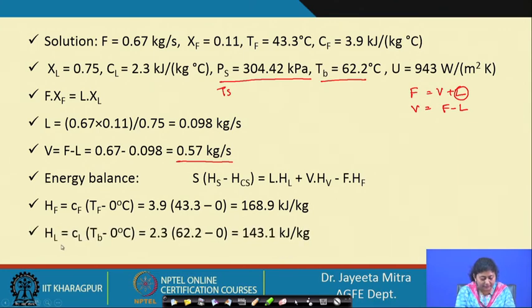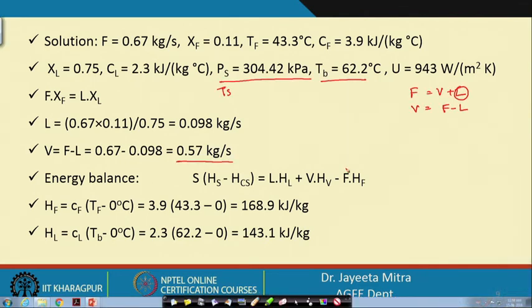Similarly, we will calculate HL, Cl into Tb minus 0, 2.3 into 62.2 minus 0. So, 143.1 kilojoule per kg. Okay. So, we know F, we have calculated HF, we know V, and we know L and HL.